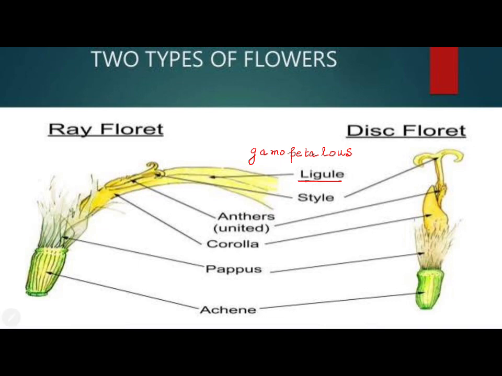And another condition, you can see pappus. Pappus is what? Pappus is modified calyx for the dispersal of seeds. So this pappus is of no use in ray florets, as irrespective of the sex, they will lack one of the sexes. If there is male, there is no female.